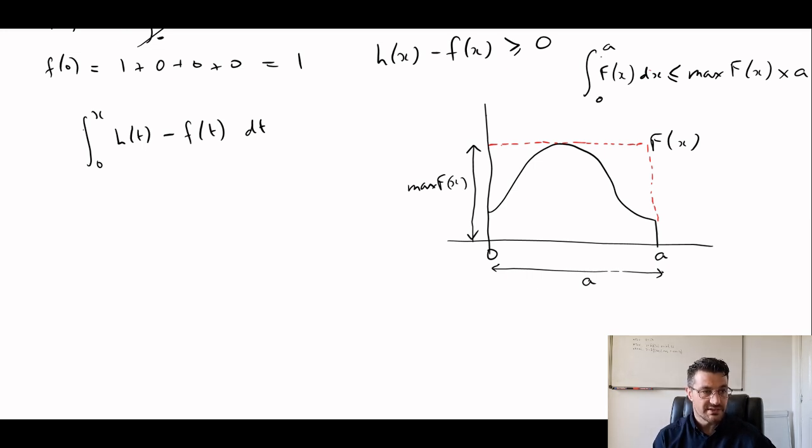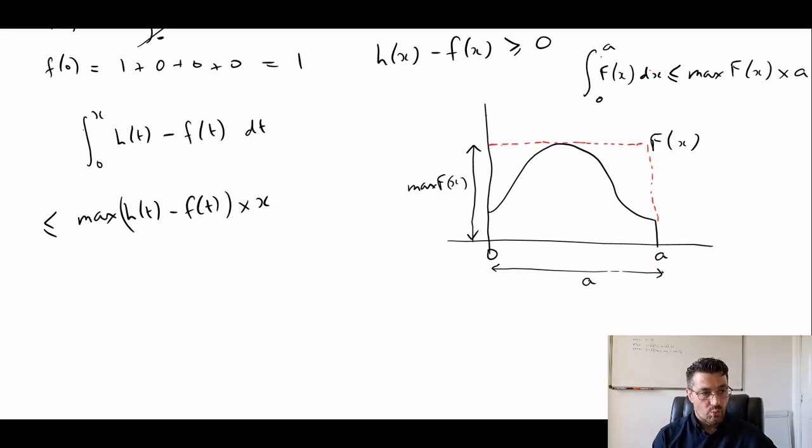So this integral from 0 to x of h of t minus f of t dt is going to be less than or equal to the max of h of t minus f of t times x, the length of the interval.